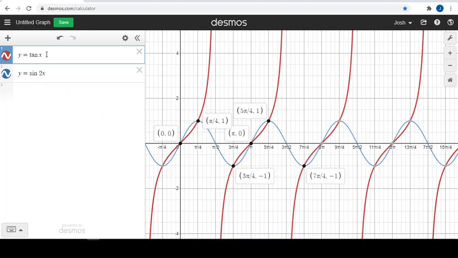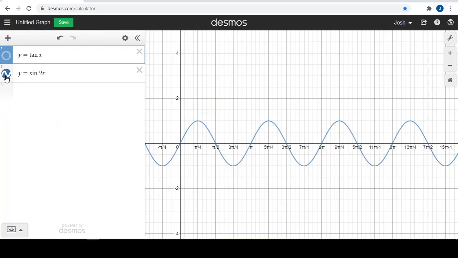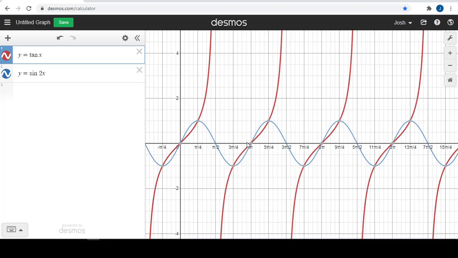The graph of tan, remember, has a period of pi; it repeats itself every pi radians. And sine 2x also has a period of pi. Sine x has a period of 2 pi, but when you put a 2 in front of it, that horizontally compresses it, so your new period ends up being pi. So both these graphs had the same period, therefore pi.